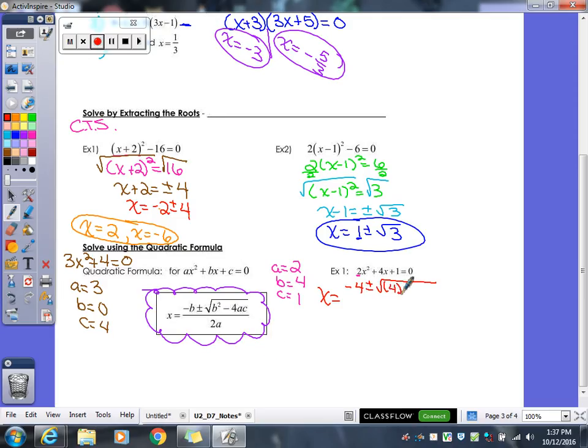Everything under the radical, when you plug in a value, I always strongly recommend that you put it in parentheses. Reason being, especially for this B term, if you have a negative number and you're squaring it and you don't remember your parentheses, 99% of the time you always get it wrong. So please, please, please use your parentheses when you're plugging all that in.